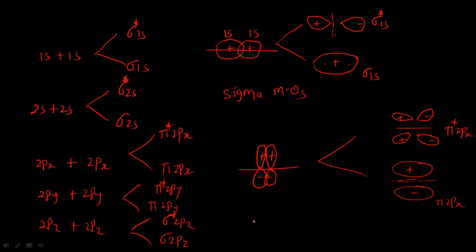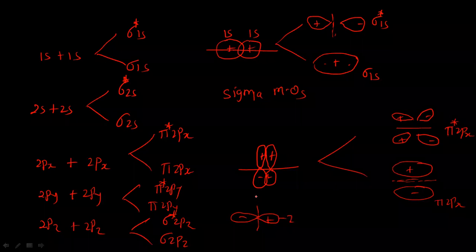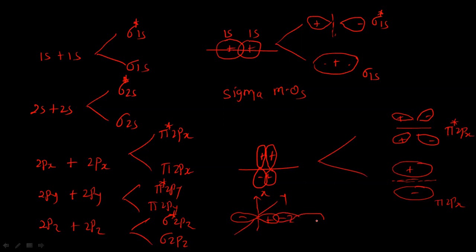So you can see how the sigma 2pz bonding molecular orbital is formed. Let us take the 2pz atomic orbital. The lobes lie along the internuclear axis. Suppose this is the z axis, this is the x axis and this is the y axis. Another 2pz orbital.